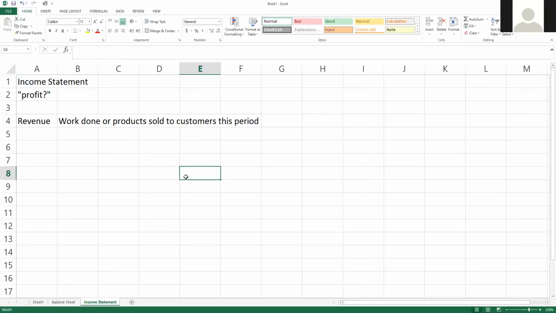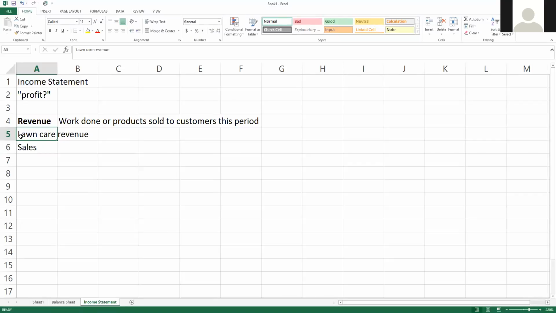If we do lawn care service, our revenue might be called something like lawn care revenue. Big fancy title. If we sell products, then our revenue might be called sales, which is more descriptive of how we earn our revenue. So revenue is the category, and usually there's a name. If a company does a little of both, they'll have two or three revenue accounts just to explain the different types of work.